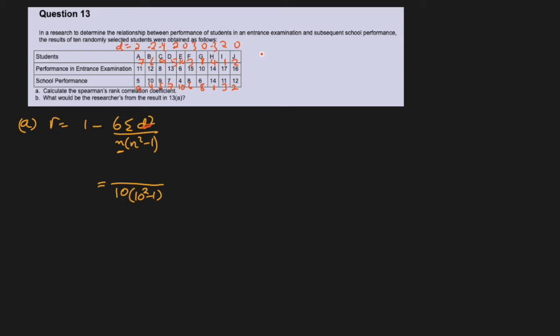Now, sigma d square. We need sigma d square, right? That means add them after squaring. What is the square of this d? 2 square is 4. Minus 2 square is also 4. Then we have minus 4 square, 16. Everything is becoming positive, right? That's why which you subtract from which is not important.